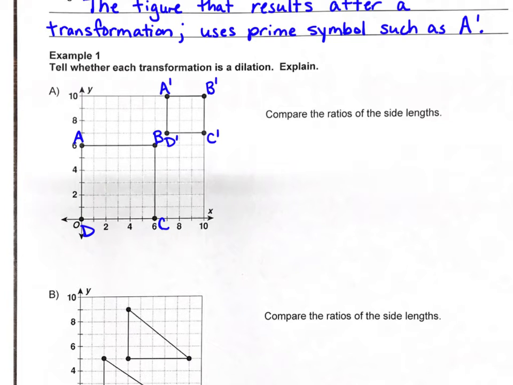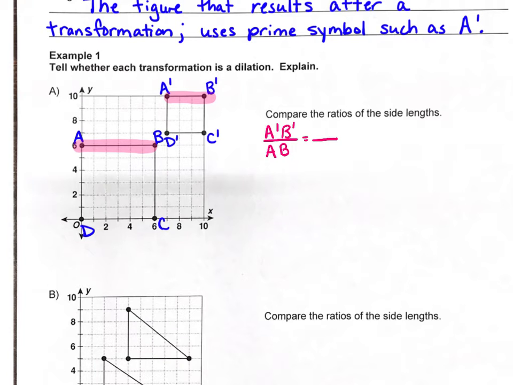So for example, I'm going to compare AB to A prime, B prime. So I've got AB and I've got A prime, B prime. I'm going to take my original AB, and out of that original, I'm going to see what A prime, B prime is, and I'm just going to get a ratio of these two sides.